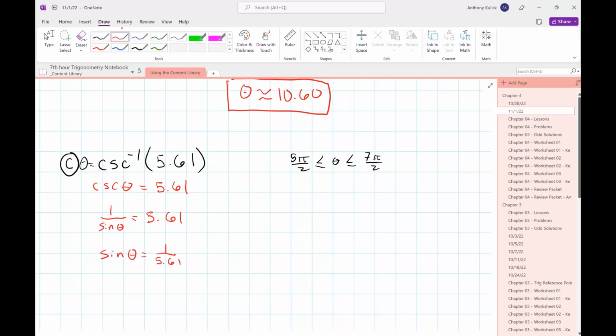And now that I've written it in terms of sine, now I know what to do, right? What is sine really the same thing as on my unit circle? It's the same thing as y. And where is y positive? What quadrants? Quadrants 1 and 2.